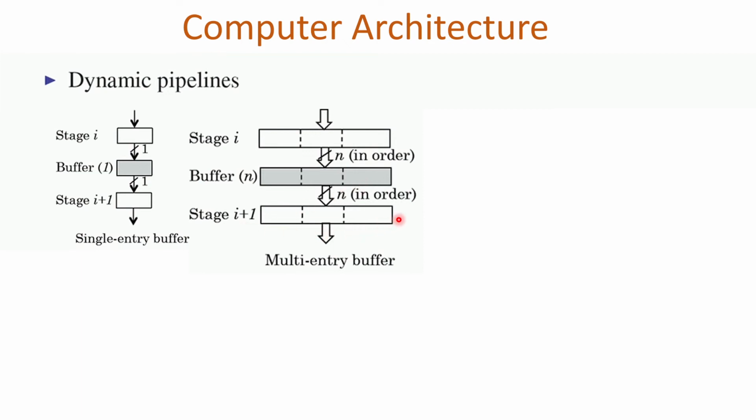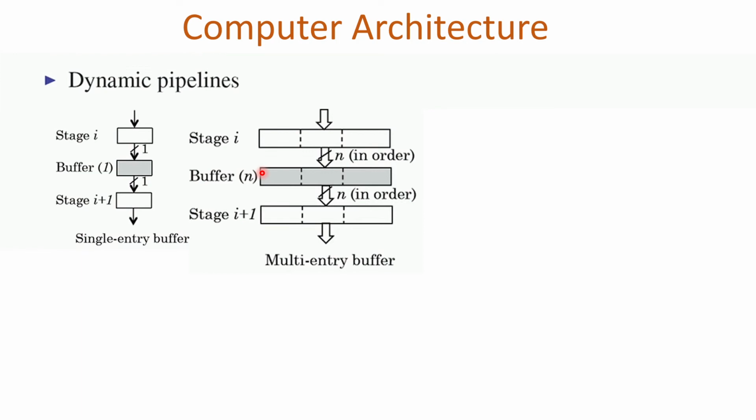The order that we had in the previous stage of the pipelining should be maintained, right? So that we have seen. That's why this particular situation is a multi-entry buffer. That means in this buffer we can store more than one instruction, but ultimately the problem is still not solved.